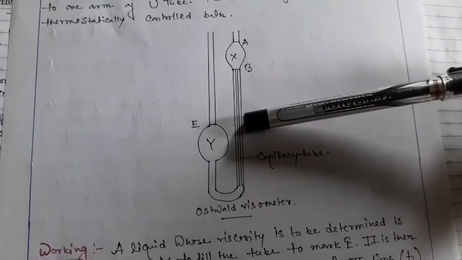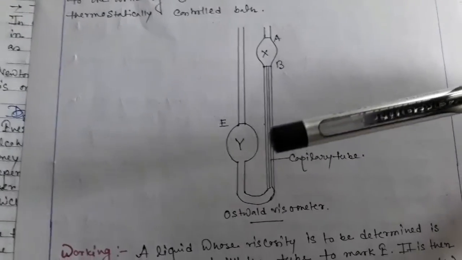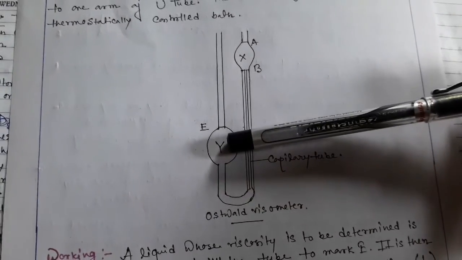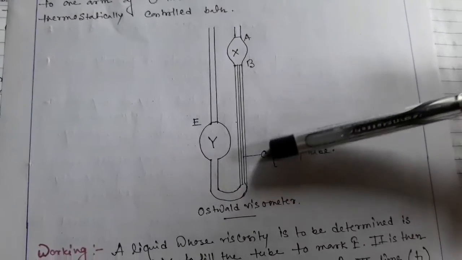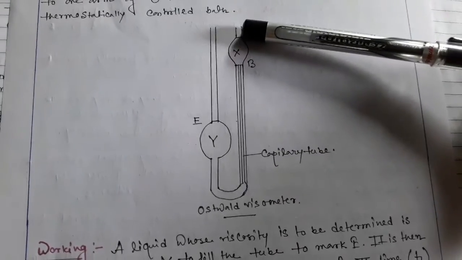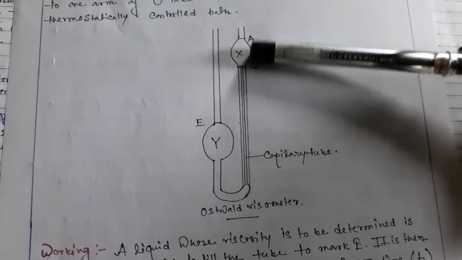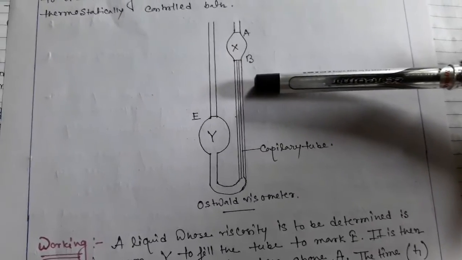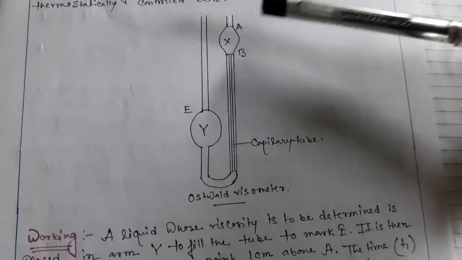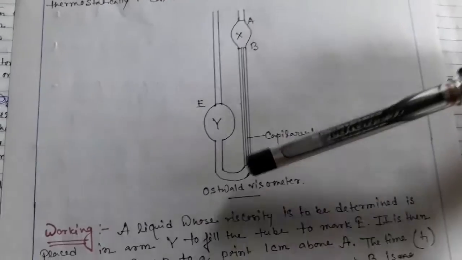First of all, the liquid whose viscosity is to be determined is placed in the arm Y, filling the tube to mark E. It is then sucked or blown up to a point 1 centimeter above A. The time for the liquid to fall from mark A to B is measured, the density of the liquid you have to determine, and the whole procedure is repeated for another sample or another liquid.